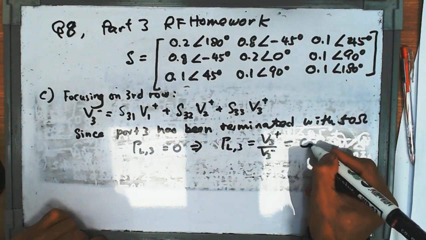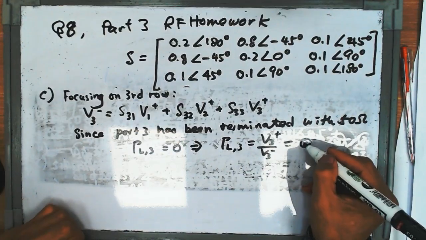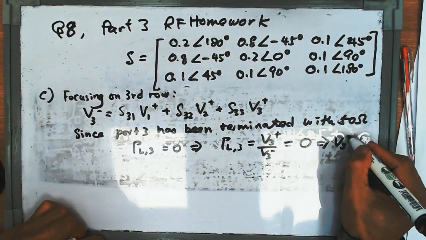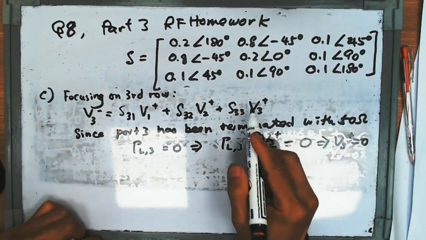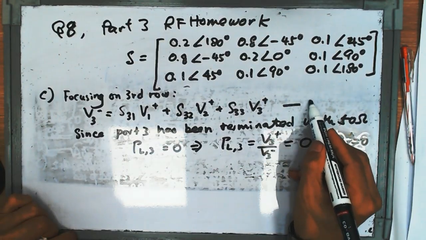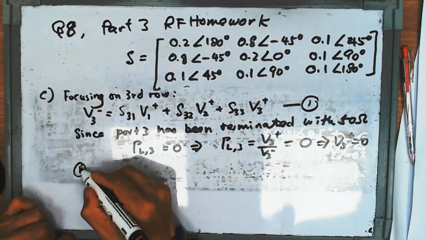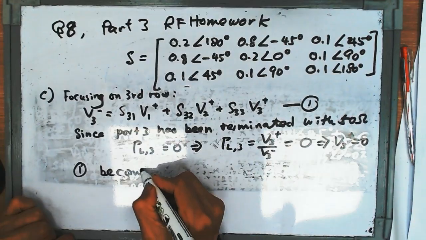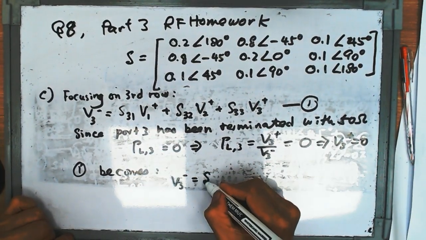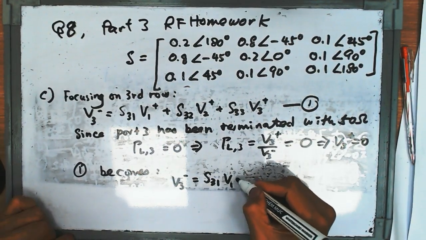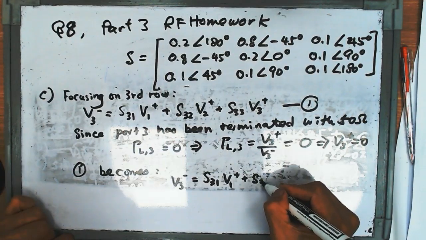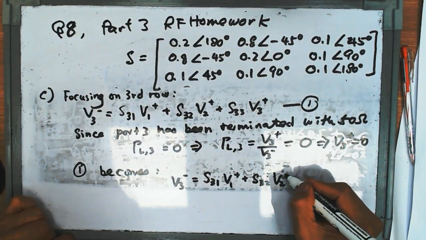Under this condition, this means V3 plus is 0. In this case, equation 1 becomes like this.